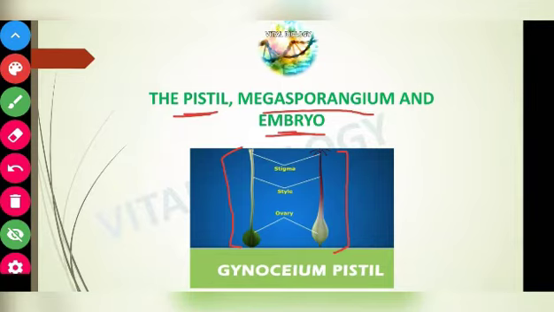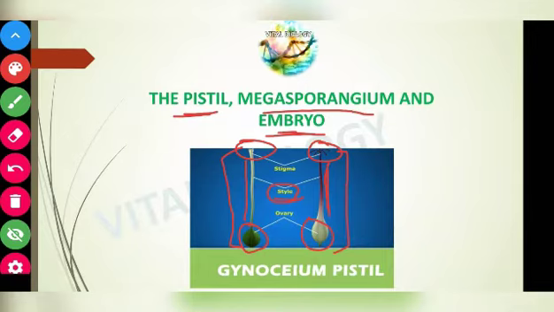Again I am explaining that the upper terminal part is the stigma, and in the middle there is an elongated long structure, that is called the style. At the basal part of the pistil is the ovary, which is a bulged or bag-like structure.